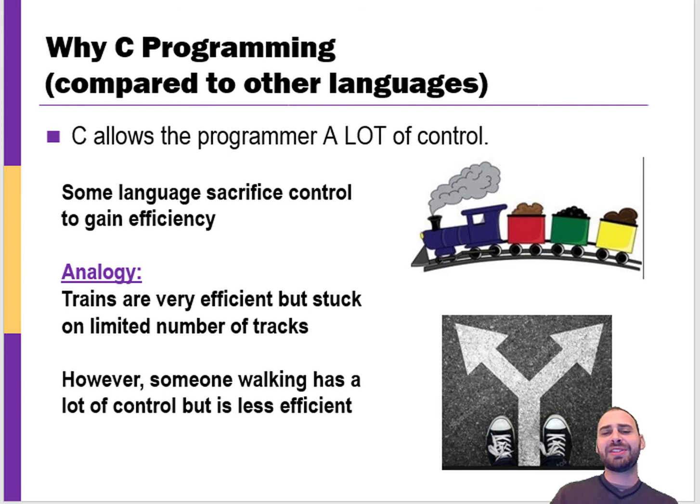C can be super frustrating sometimes to get a lot done in a short period of time, but you have a ton of control. It's almost like someone walking and moving a certain amount of stuff with a backpack. You can optimize things in a very direct way. Sometimes it can be frustrating, but when you're thinking of an embedded system, it has enormous power and cost constraints, and there are real-time constraints.